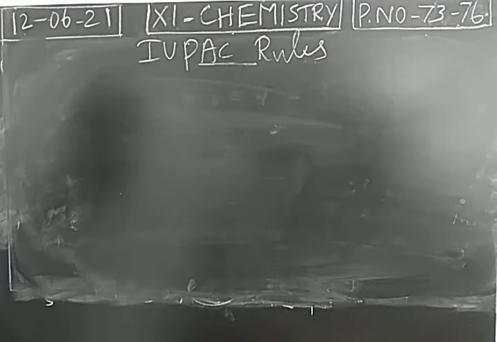UPOC has given the rules to write the temporary name as well as the symbol for the elements. The first point, we use the root word for the digits. For every element, first we identify the atomic number, how many electrons and protons are present in the atom. First we identify the atomic number, then only we can study the properties.